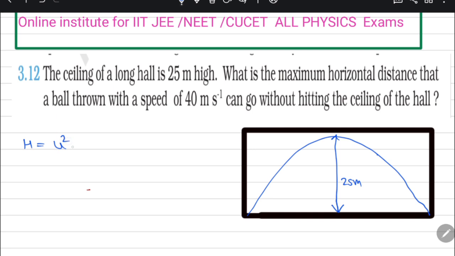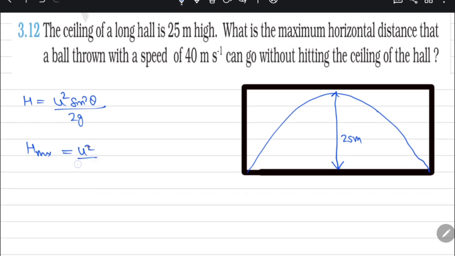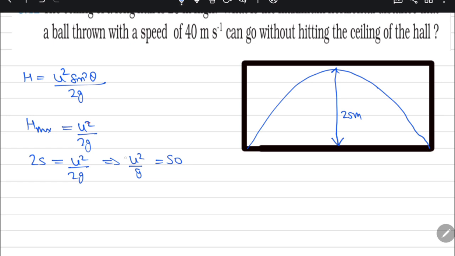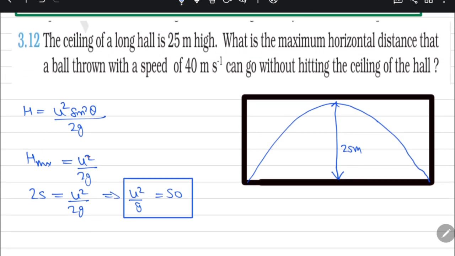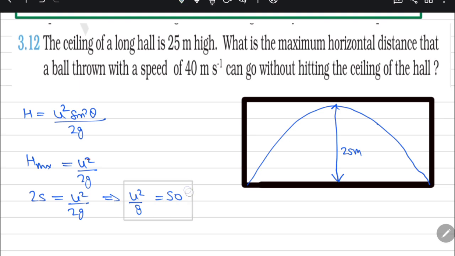Maximum height is u squared sine squared theta upon 2g. At maximum height, sine squared theta becomes 1, so u squared upon 2g. They have given 25-meter high, so u squared upon 2g is 25.